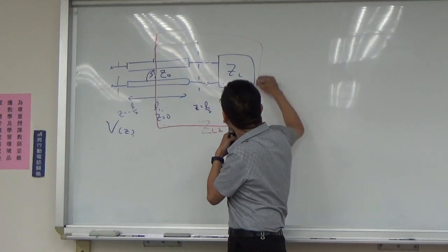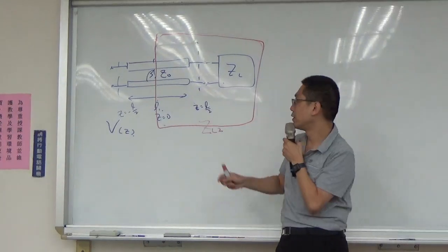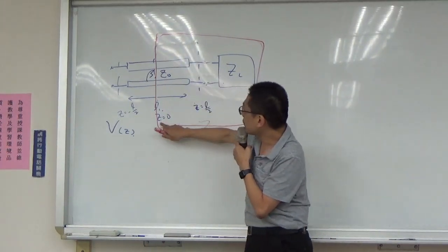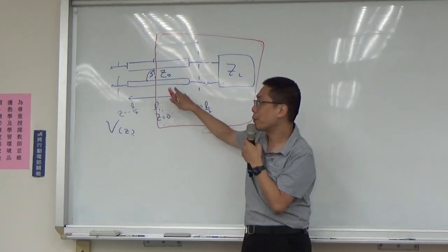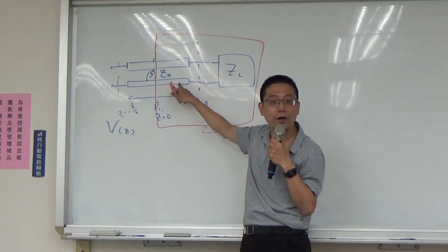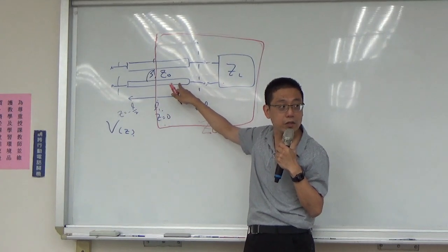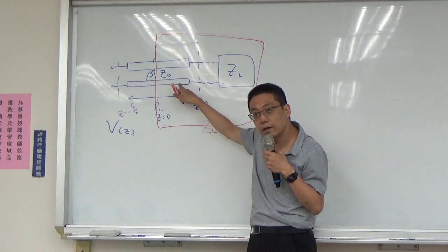Can I make the load box larger? Because I set up Z equals 0 here, my transmission line is now part of the load. Can I say that? Yes, I can do that.